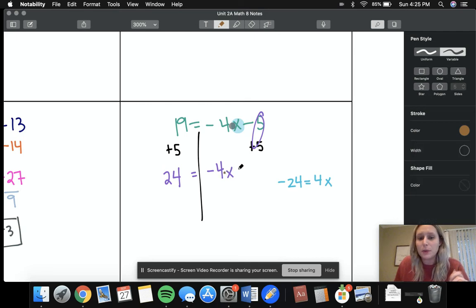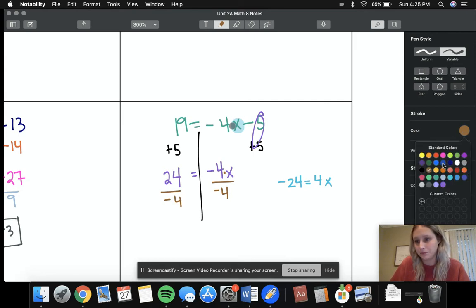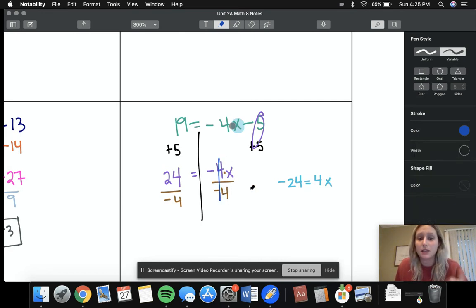So again, this is multiplication. So the opposite of multiplication is division. -4 divided by -4, we're going to divide by exactly what we see, is a +1. So instead of having -4x's, we have 1x. And then 24 divided by -4 is -6.